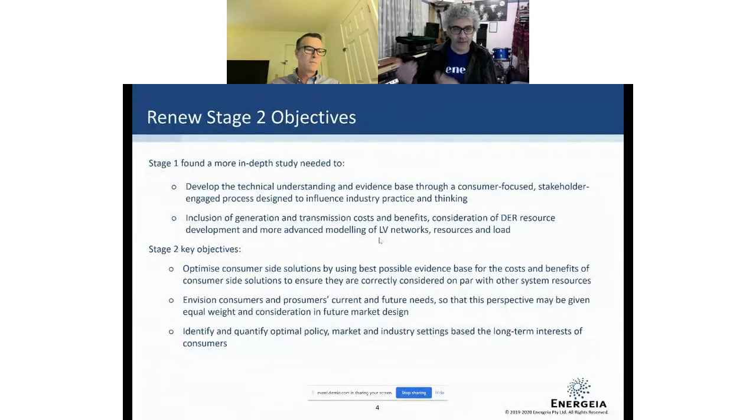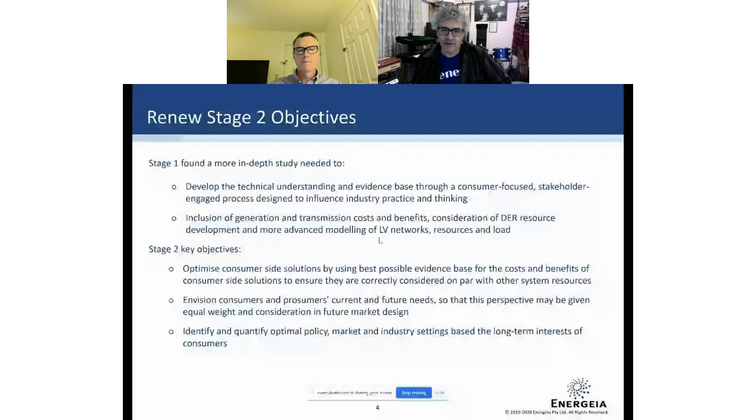How can we give people the maximum choice in installing DER in a way that still keeps the system reliable and secure? We realized we needed to take a bigger picture of the whole system impacts and the whole system potential. So we again got some funding from Energy Consumers Australia for a follow-up project in 2020 to do that. And that's what this project is that we're talking about today.